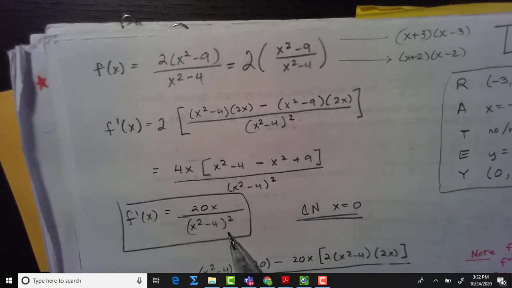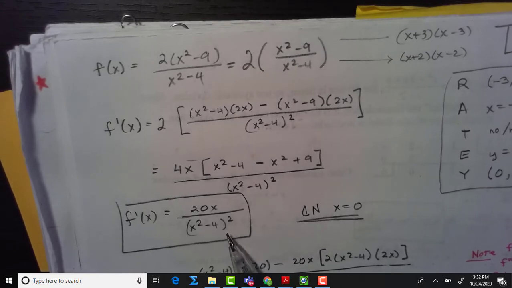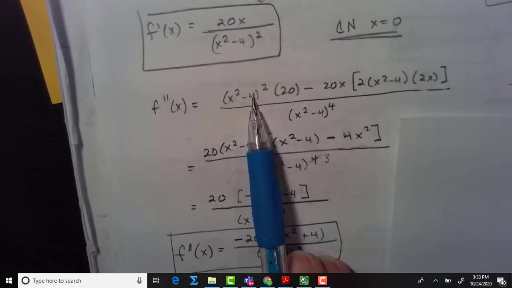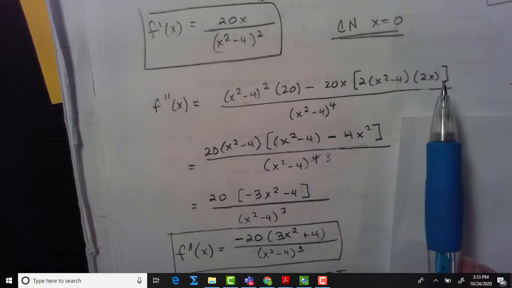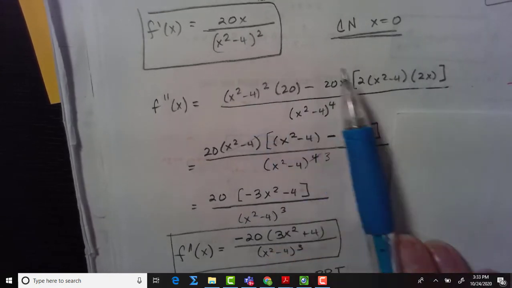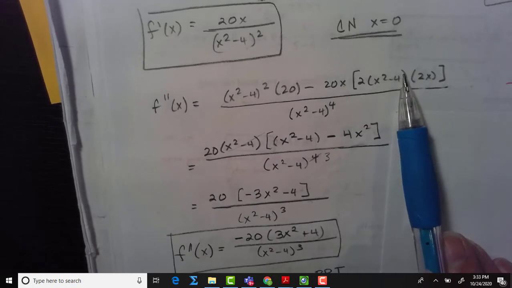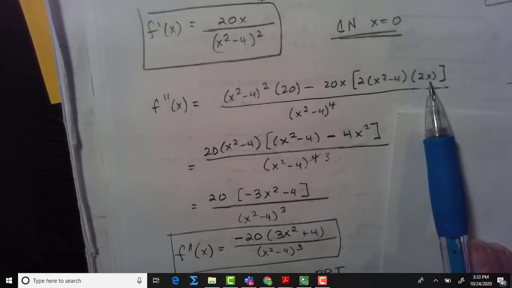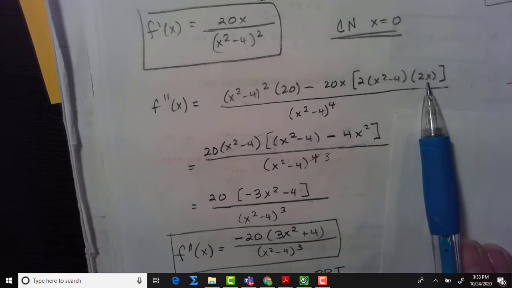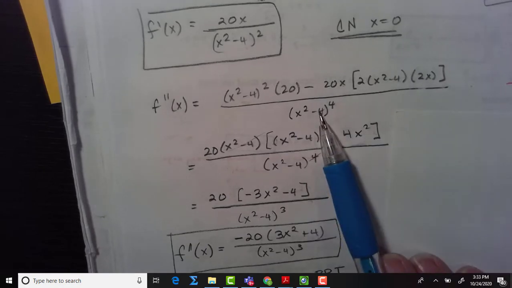Now here's our first derivative, and we're going to use this to find our second derivative. Low d high minus high d low. Notice that the derivative of this is going to be chain rule: 2 times x squared minus 4 to the first power times the derivative of x squared minus 4, over low low.